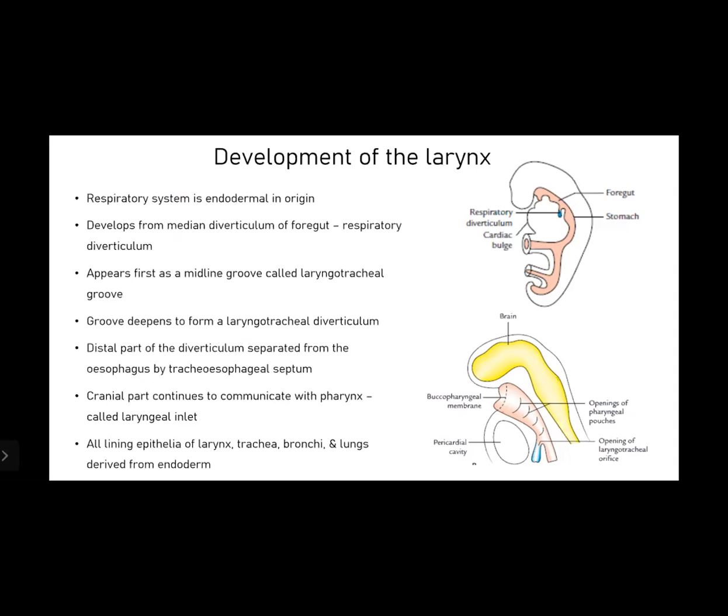You can see that the cranial part continues to communicate with the pharynx. The cranial part of the larynx will continue to communicate with the pharynx, and this is called the laryngeal inlet. And remember that all the lining epithelia of the larynx, trachea, bronchi, and lungs are derived from the endoderm.